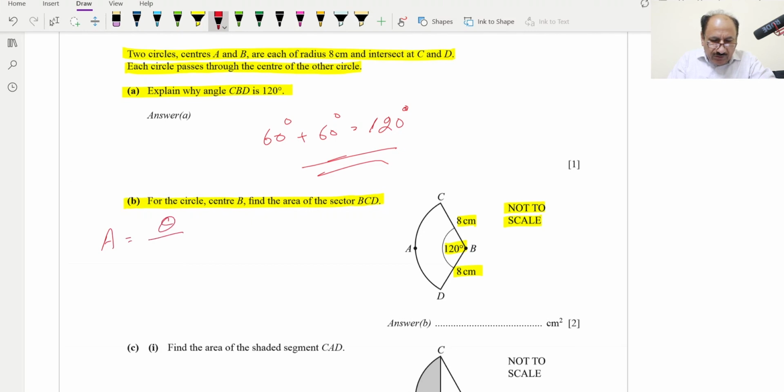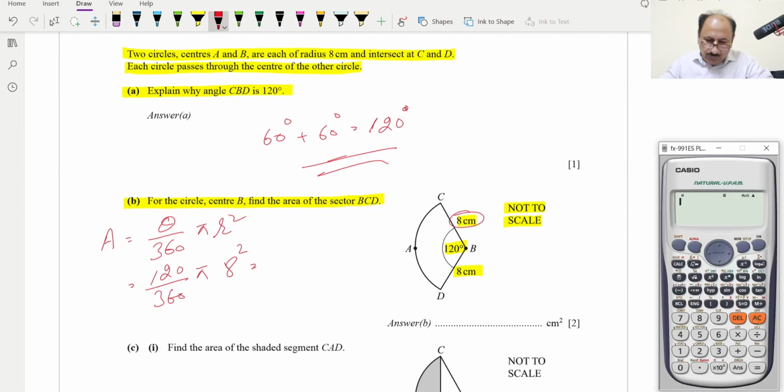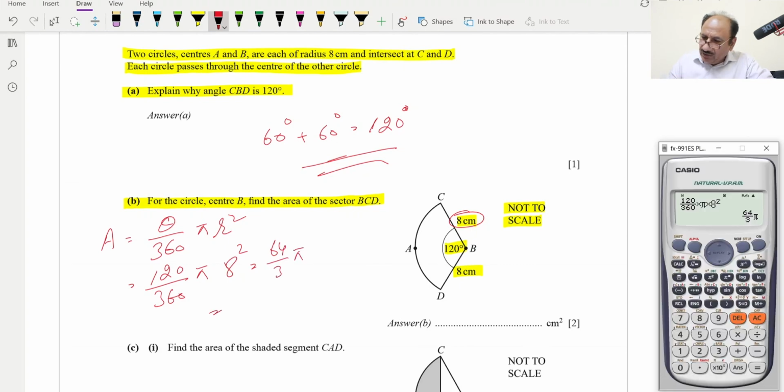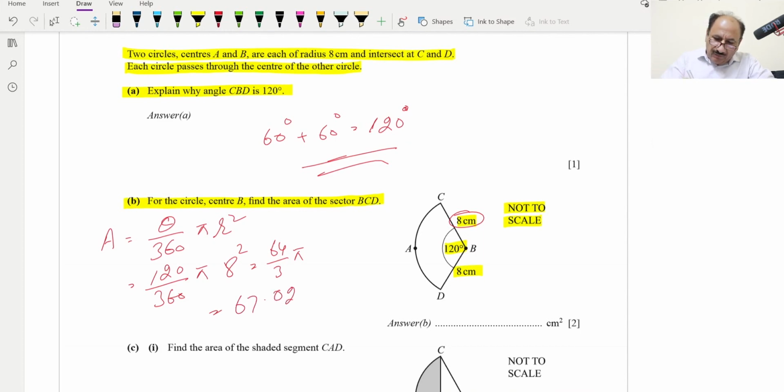Area is equal to theta over 360 into pi r squared, and this will be equal to, angle is 120 divided by 360 into pi, and r is 8, so 8 squared, and this is equal to 64 by 3 pi, and the decimal value we can check with the calculator, 67.02, and final answer we can provide over here, 67 centimeter square. 2 mark question which we have done.